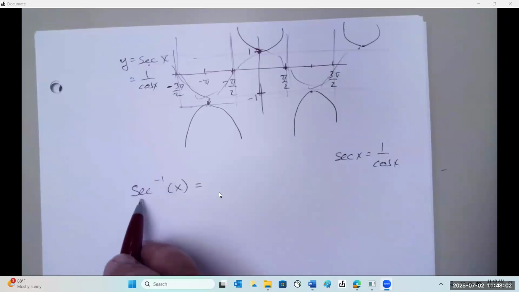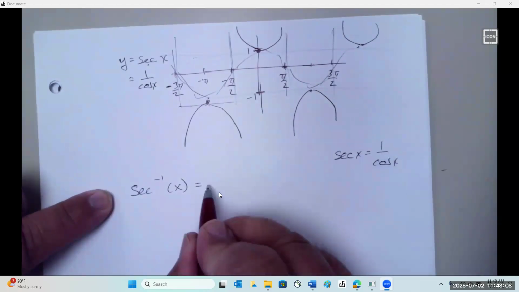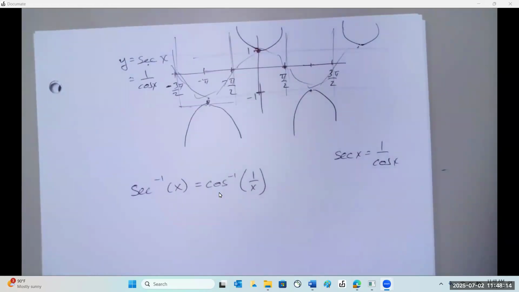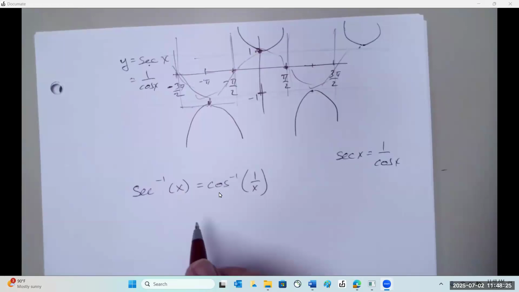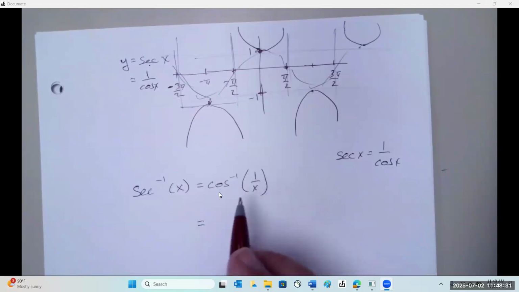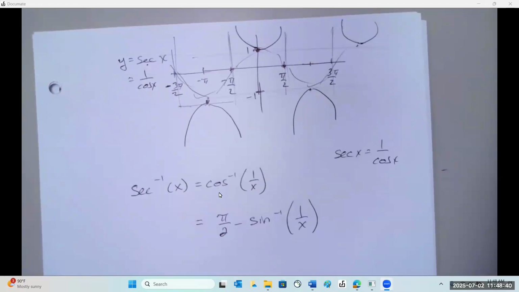But when we talk about inverse functions, it's not the function that's reciprocated, it's the angle that's reciprocated. That's how they're related for the inverse functions. And somewhere I had the cheat sheet. So the inverse of cosine of 1 over x is the same thing, because we're going to be using this relationship a lot.